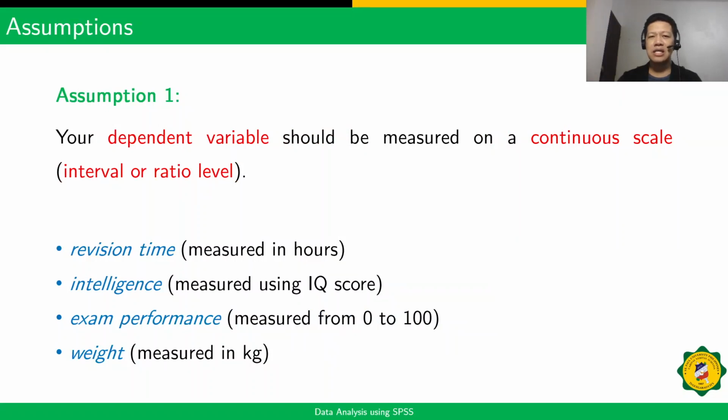Before using the independent samples t-test, the dataset should satisfy the following assumptions. First, the dependent variable should be measured on a continuous scale, that is, interval or ratio. Examples are revision time, measured in hours, intelligence, measured using IQ score, exam performance, measured from 0 to 100, and weight, measured in kilograms.